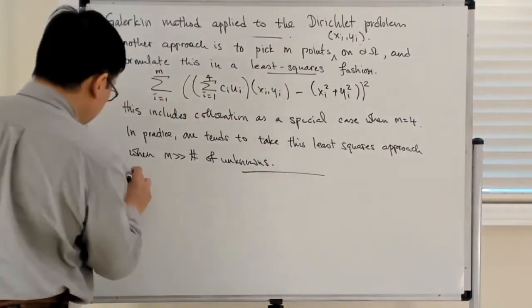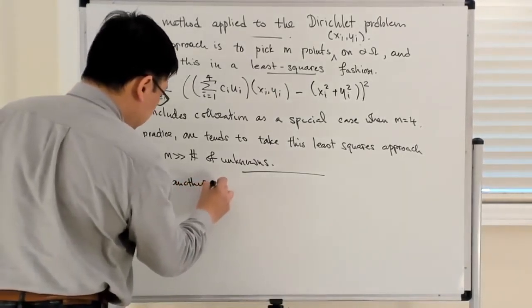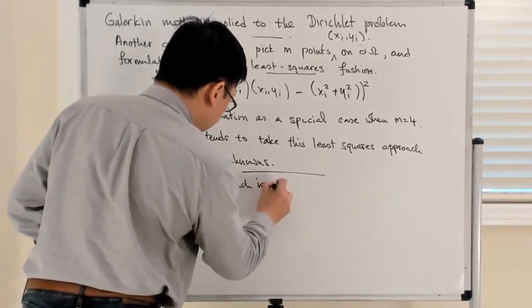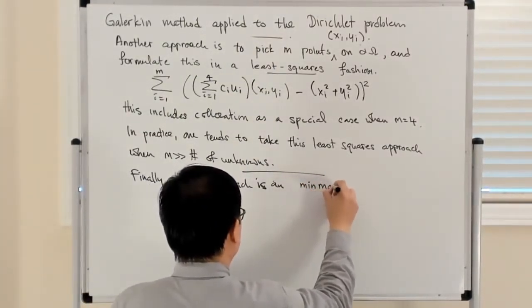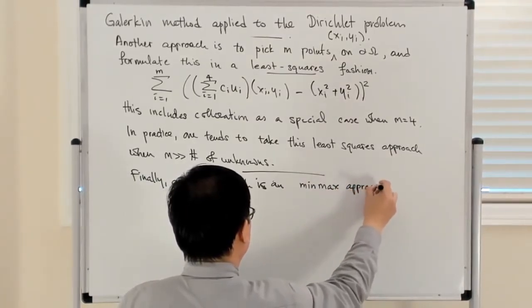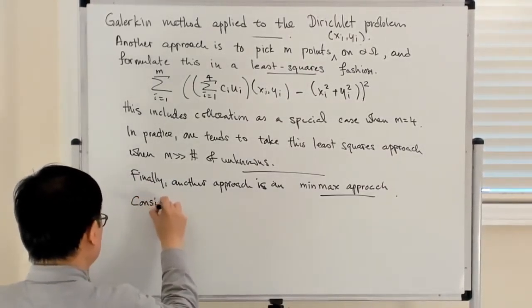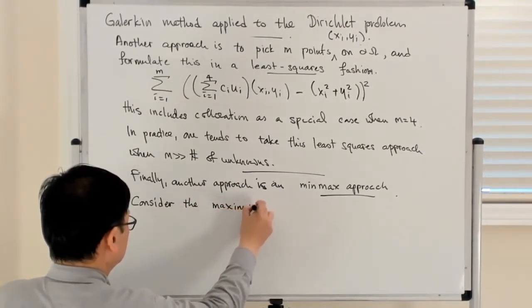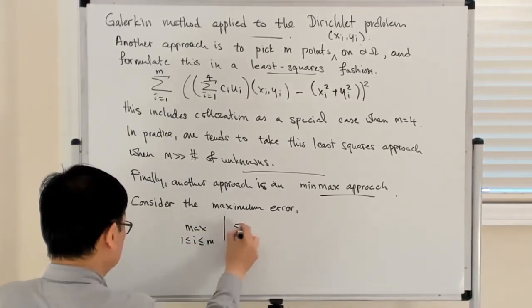And then finally, another approach is a min-max approach. Let's consider the maximum error. You can look at the maximum error over all the points which you sampled, the maximum pointwise error.